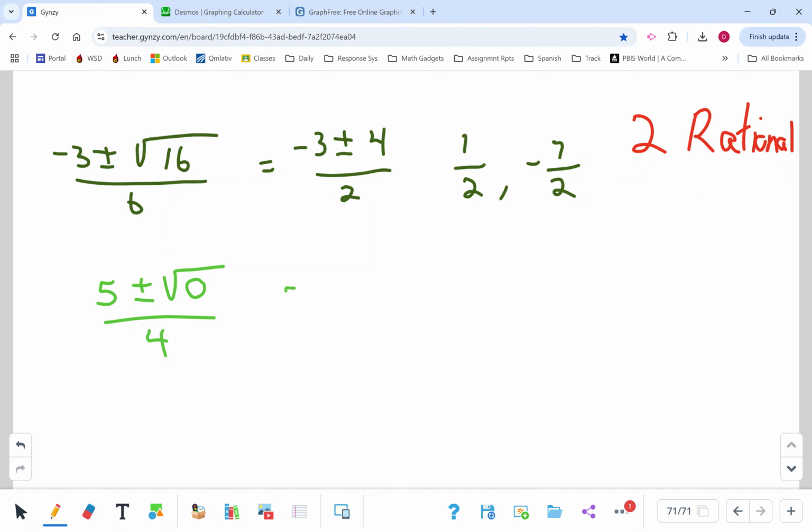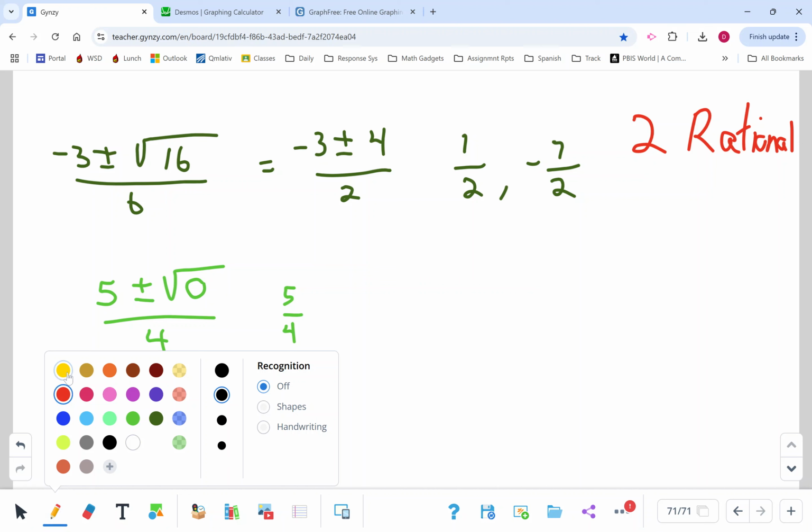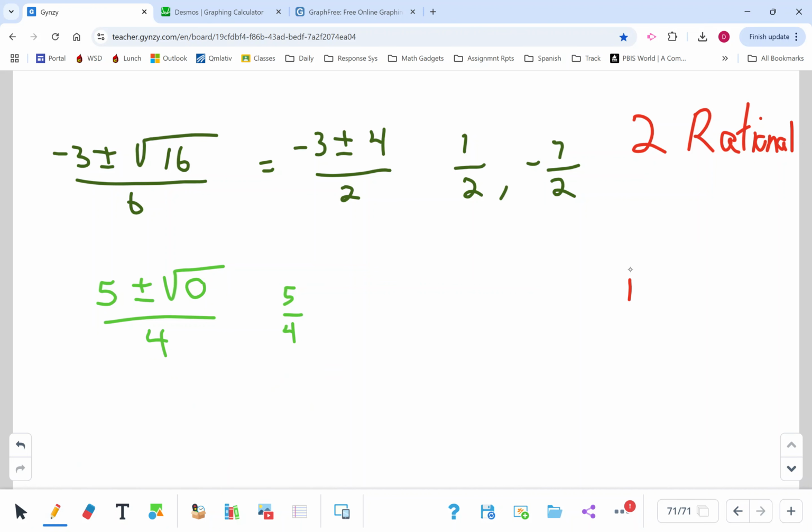Divide by 4, you got 5/4. And 5 minus 0 is still 5 divided by 4. So we got one rational solution. Okay, rational again just means you end up with a nice fraction.